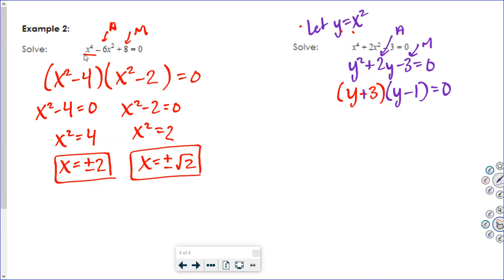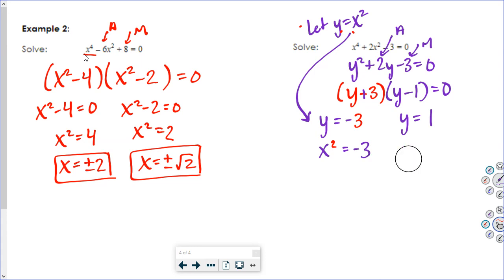I can solve this. So I get y equals negative 3 for the first set, y equals 1 for the second set. But then again, I'm going to substitute back in that x squared, and I'm going to do that for both of those.